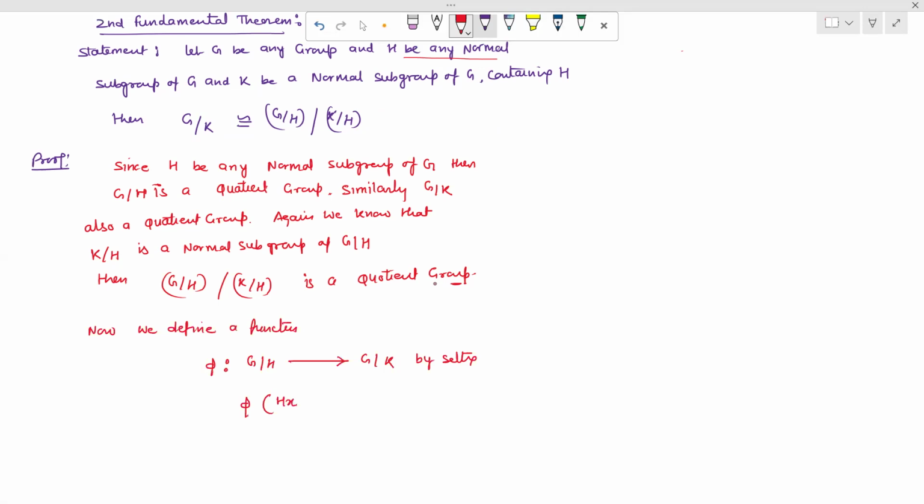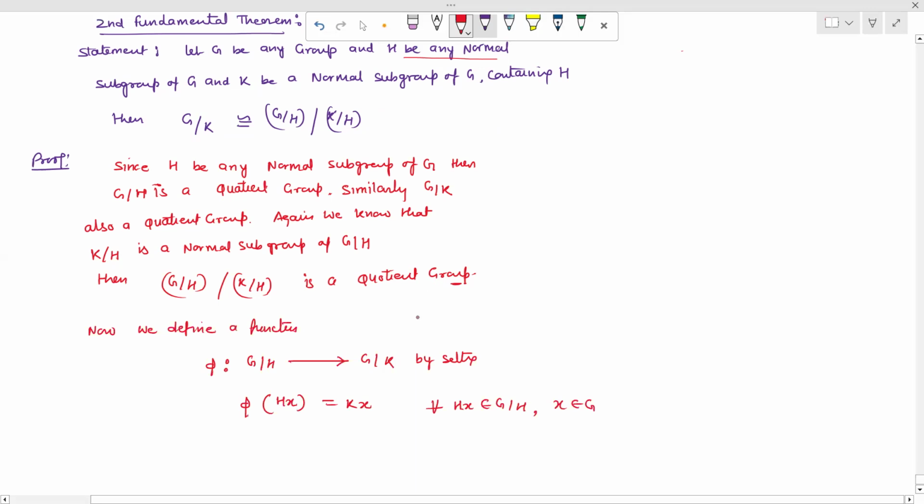H works as an identity, and here K also works as an identity. So phi of Hx is equal to Kx. We take the output as Kx, for every Hx belonging to G/H, where x belongs to G.